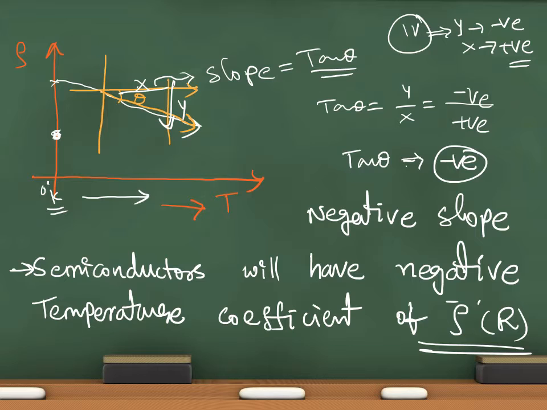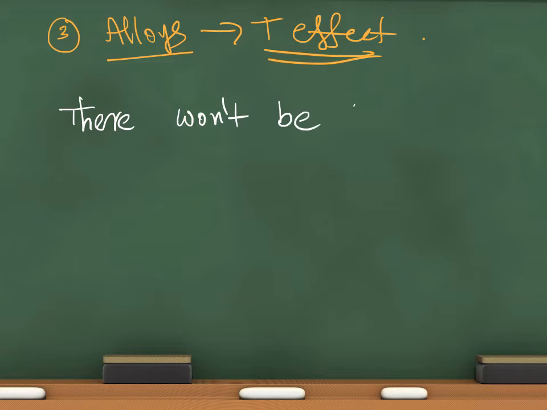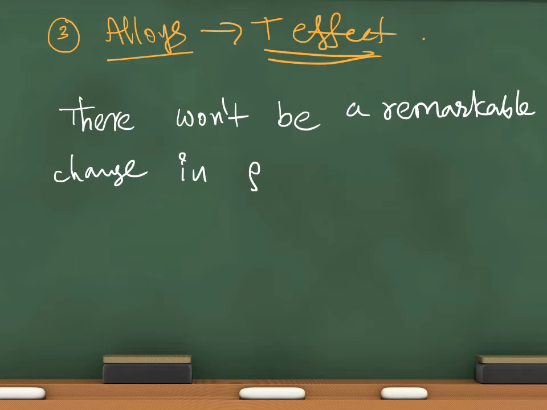Okay, and we will see what happens in the case of alloys. The third one is the temperature effect in alloys. Simply, there won't be a remarkable change in resistivity when temperature is increased.